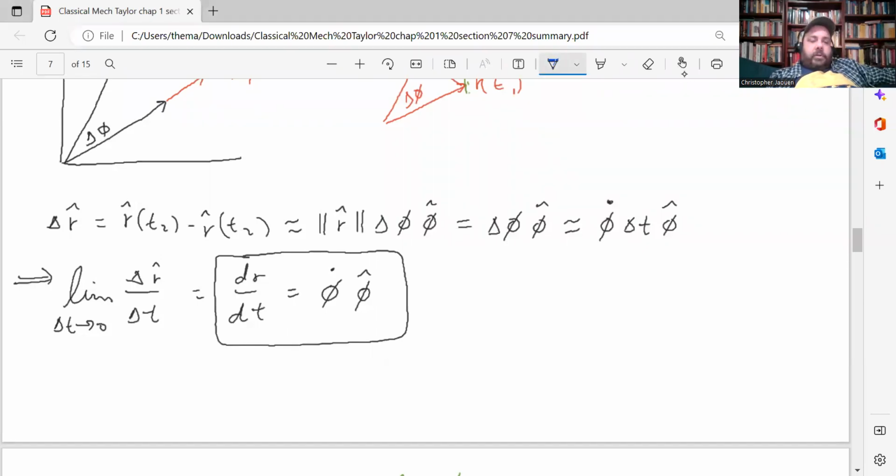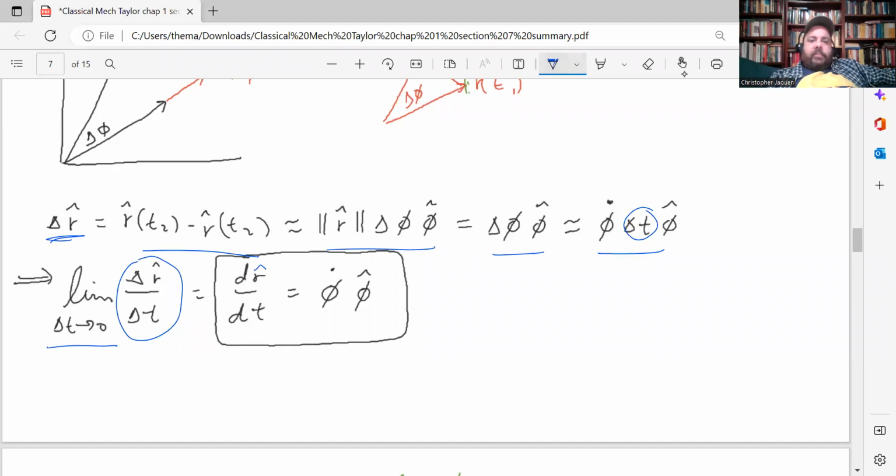looking over here, delta r hat is equal to this, which I said is equal to this, is equal to this. We can divide both sides by delta t, which gives you the ratio delta r hat over delta t, and then take the limit as delta t goes to 0, and that gives us d r hat over dt. Sorry, there should be a hat here. Which is equal to the time derivative of phi times the unit vector phi hat.